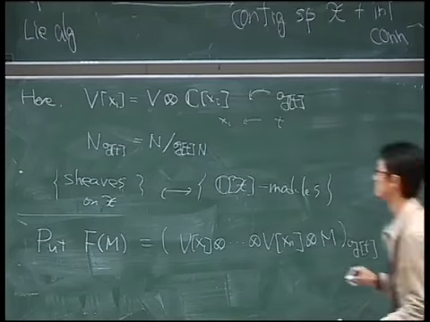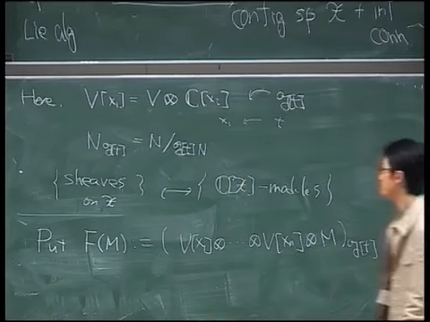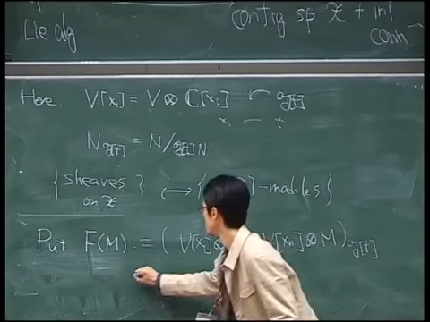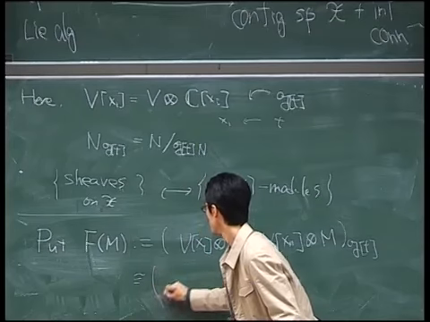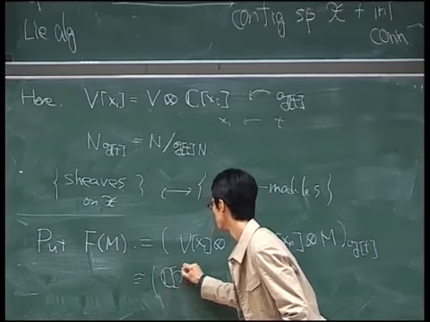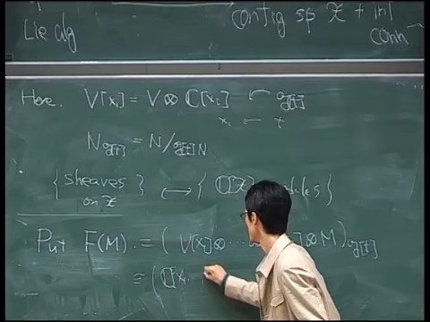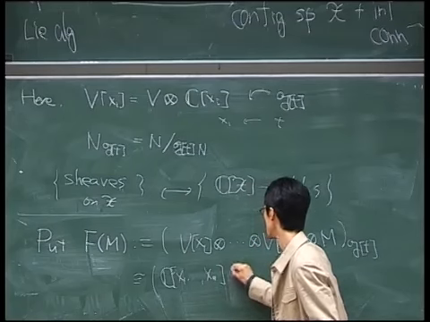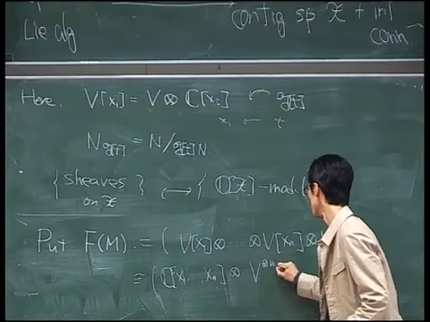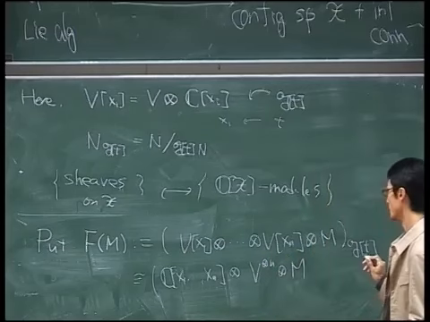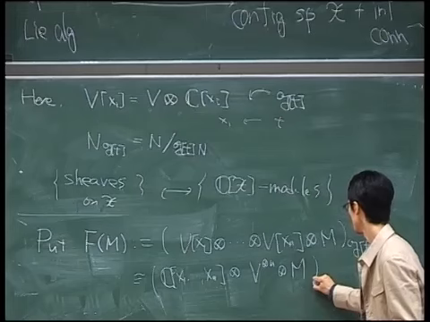Then this is, as a module over the polynomial ring, isomorphic to this.